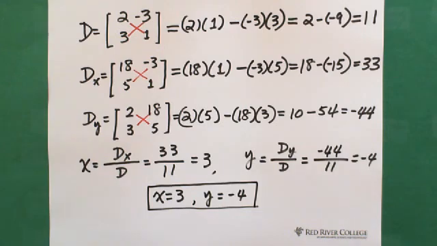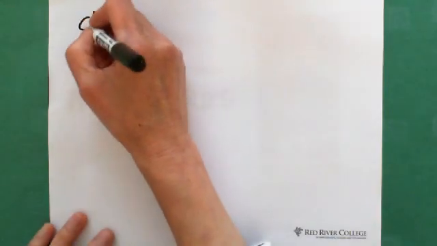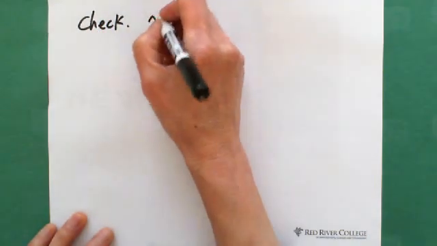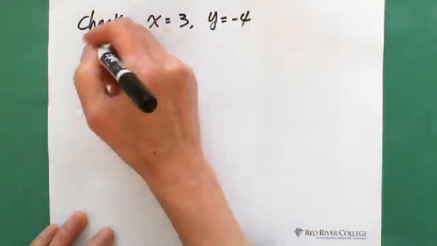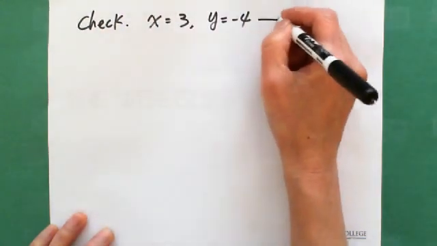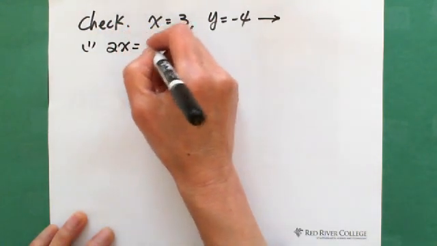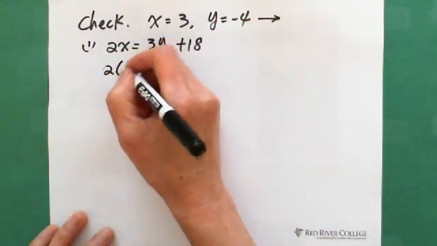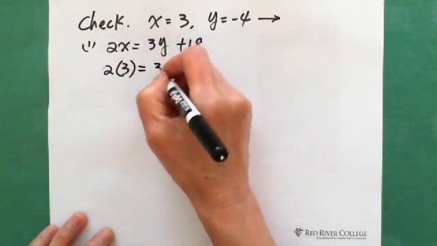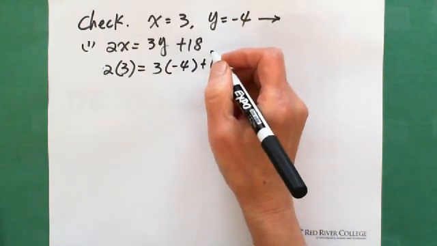If you want to double check your answer, you can plug it into the original equations. Check x equals 3, y equals negative 4. For the first equation, 2x equals 3y plus 18, we have 2 times 3 equals 3 times negative 4 plus 18, to see if it is correct.